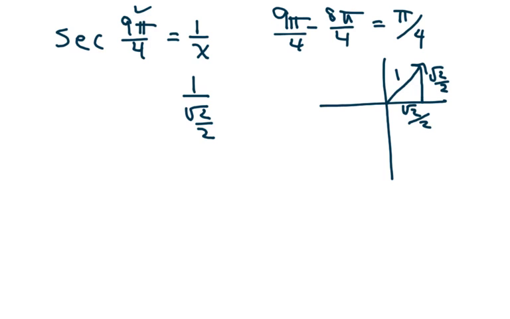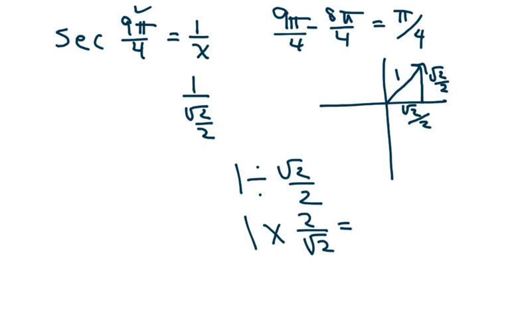I do have a video on dividing practice, but basically this is 1 divided by root 2 over 2. And if you remember from fourth grade, you change the division to a multiplication sign and flip the fraction on the right and multiply. That's going to give you 2 over root 2.